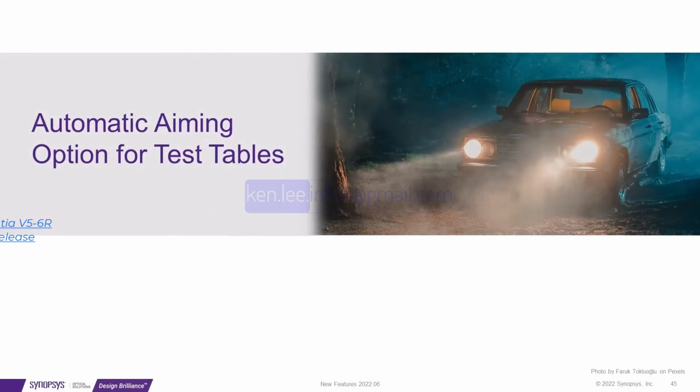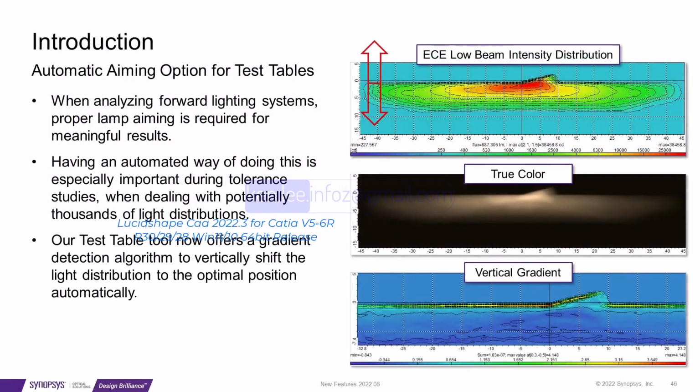The next topic is the automatic aiming option for the test tables. When analyzing forward lighting systems, proper lamp aiming is required for meaningful results. Having an automated way of doing this is especially important during tolerance studies, when dealing with potentially thousands of light distributions.